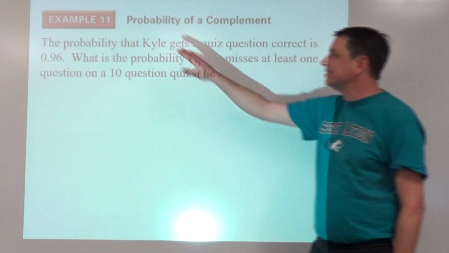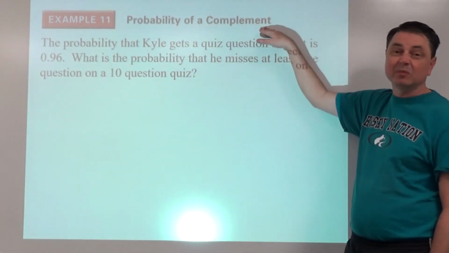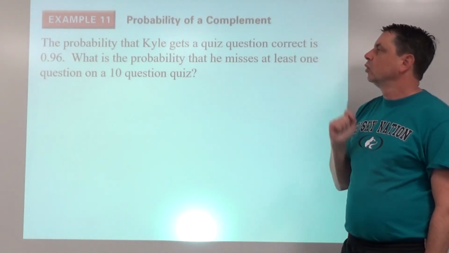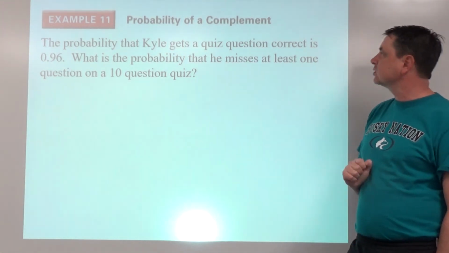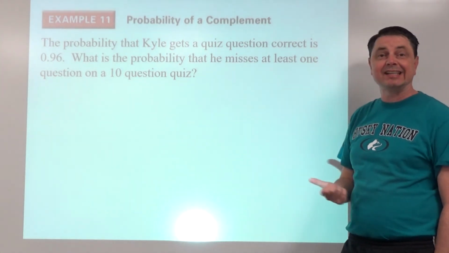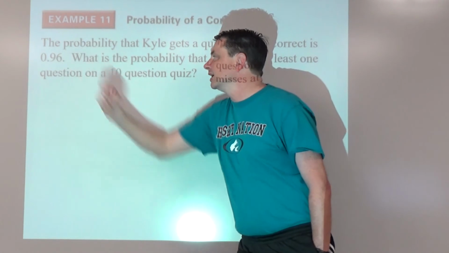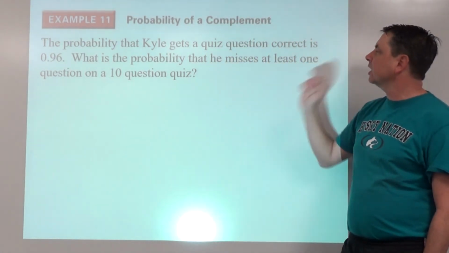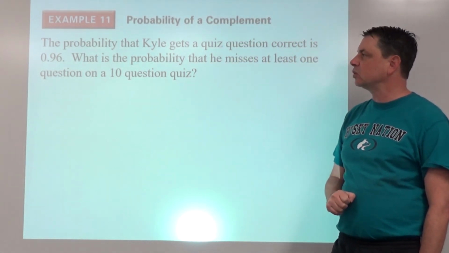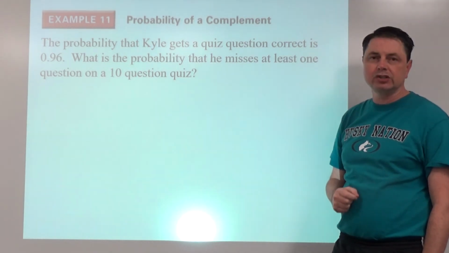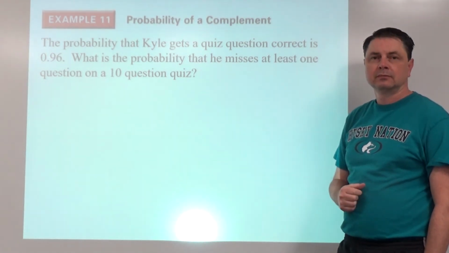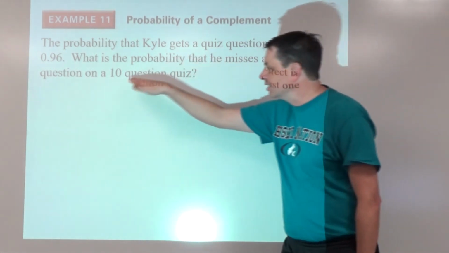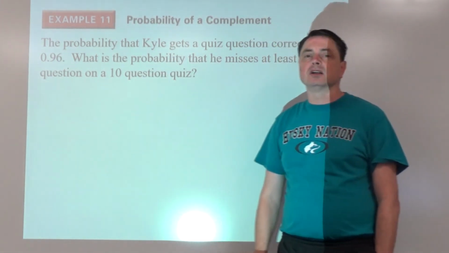And another example, 11, where we might be using complement. The probability that Kyle gets a quiz question correct is 96%, or 0.96. What is the probability that he misses at least one question on a 10-question quiz? Well, if we tried to do it straight from there, it's a challenge.